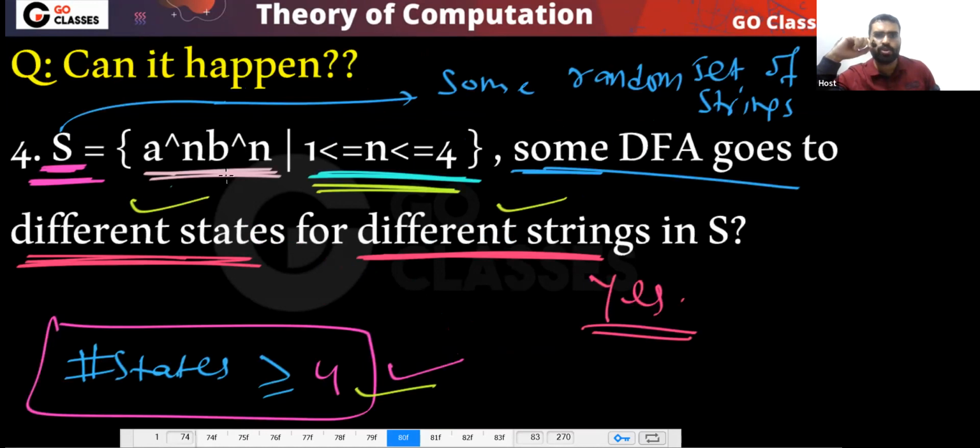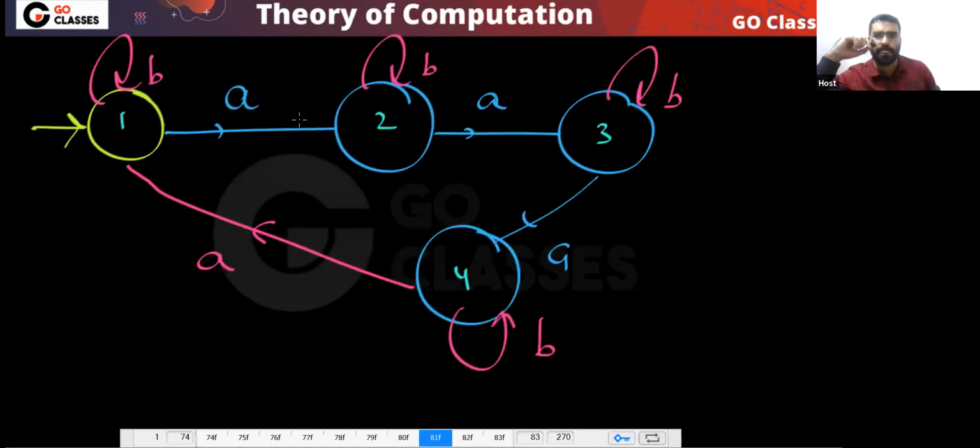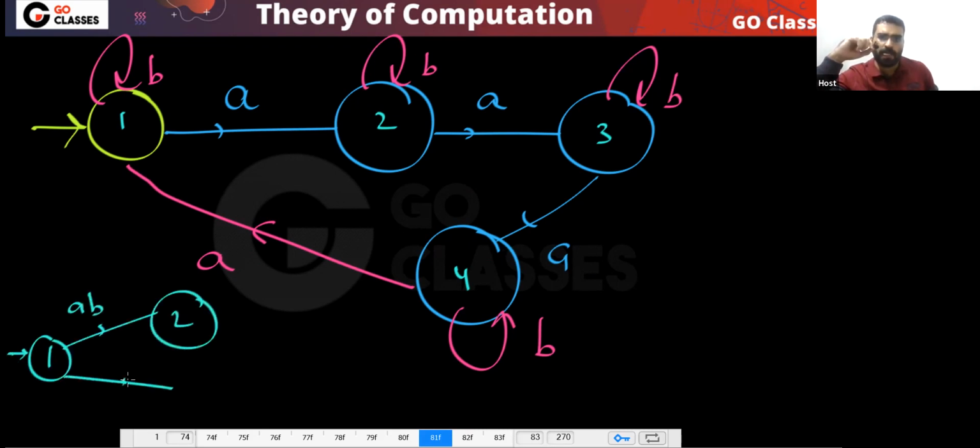Let's look at this. These states, A, B. You can notice from the initial state, this is your initial state, on AB you are going to 2. On a square, b square, where are you going? You are going to state 3. On a cube, b cube, you are going to 4.